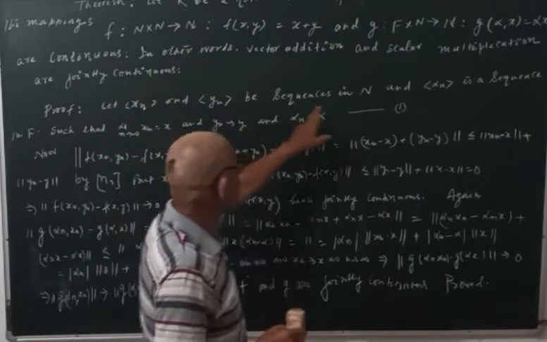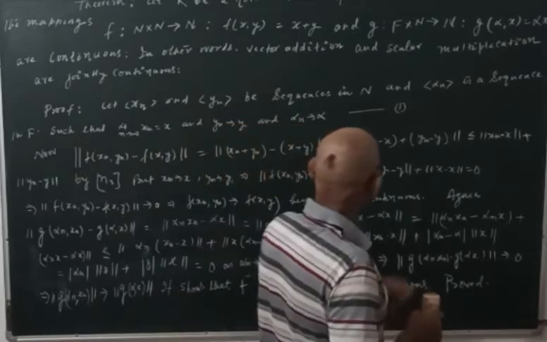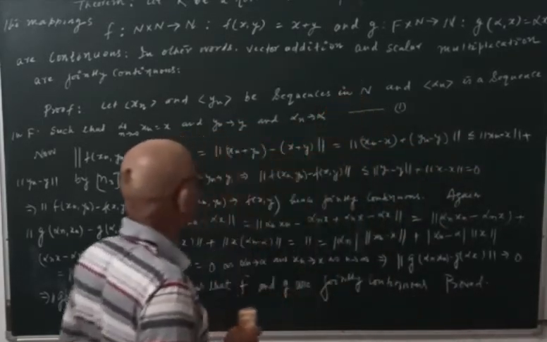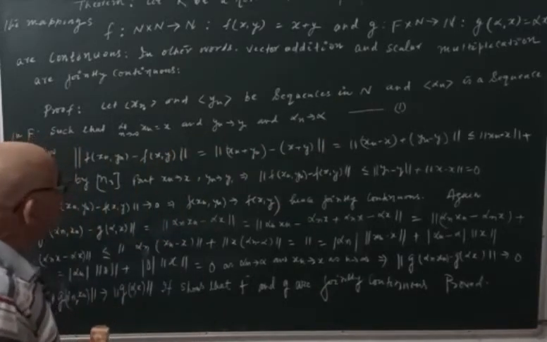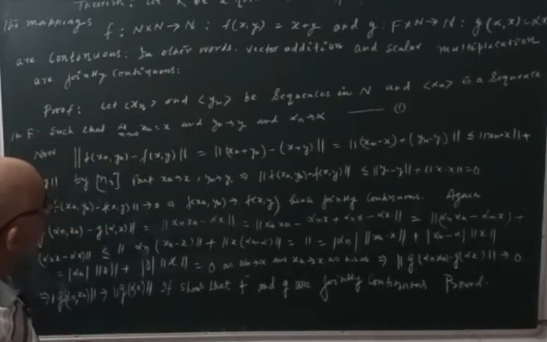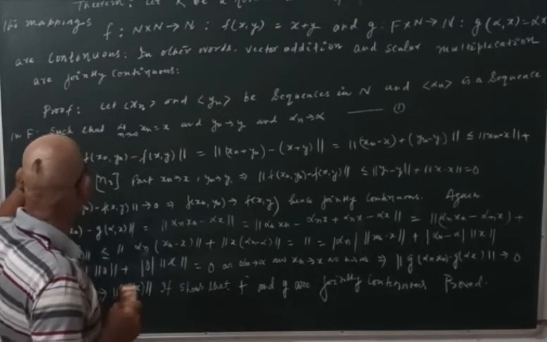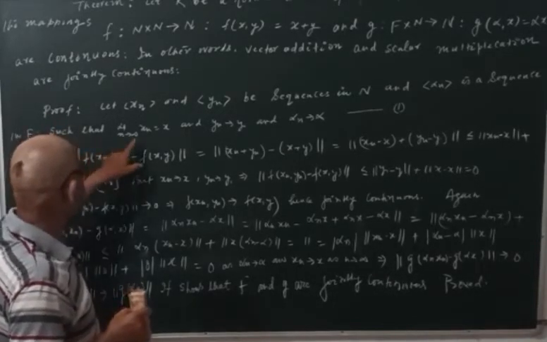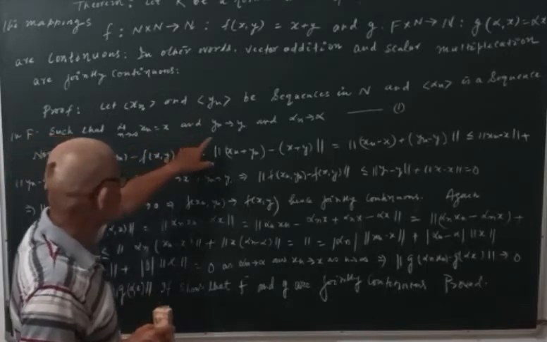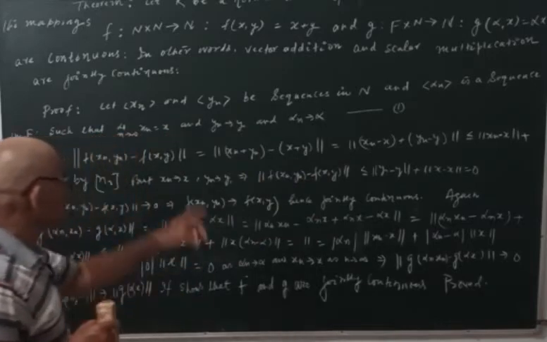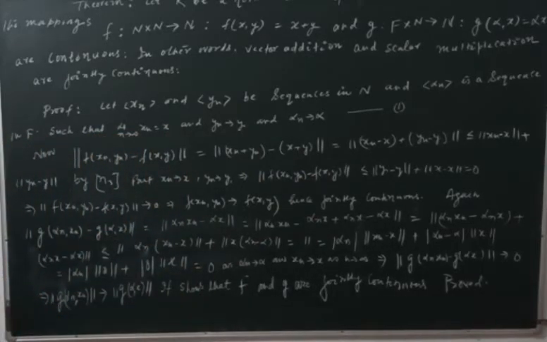The sequence in n, and alpha n is a sequence in F, such that xn converges to x and yn converges to y and alpha n converges to alpha. You take it as equation 1.